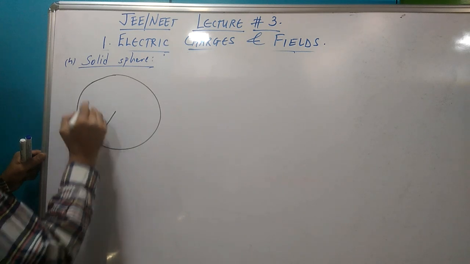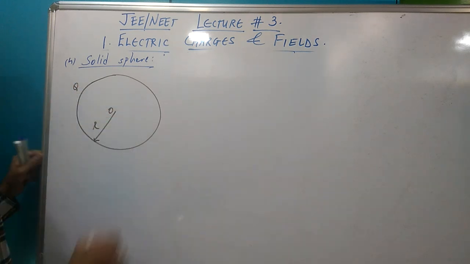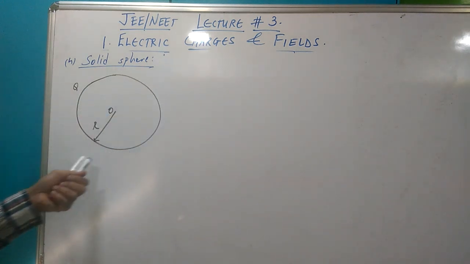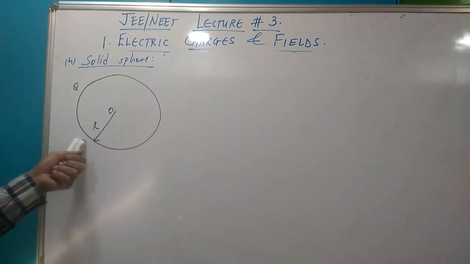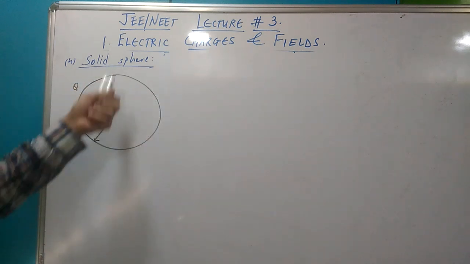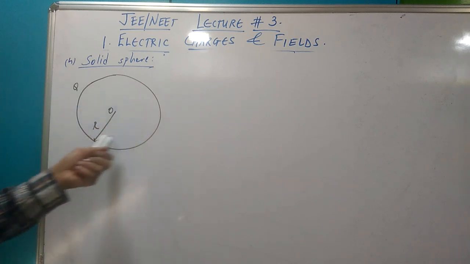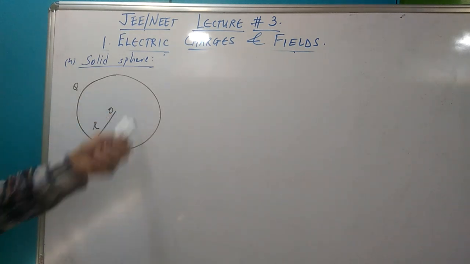And people ask me, sir, how do you come to know that this is a solid sphere? Just by looking at it. If it would have been a hollow shell, there would be charge only on its outer surface. Is there anything drawn on the outer surface? No. Which indicates that charge is packed inside this volume.